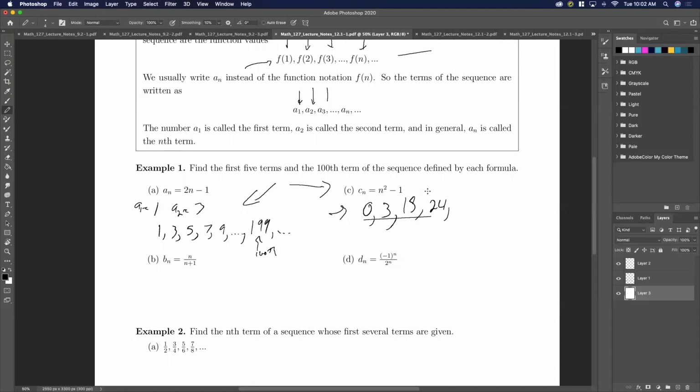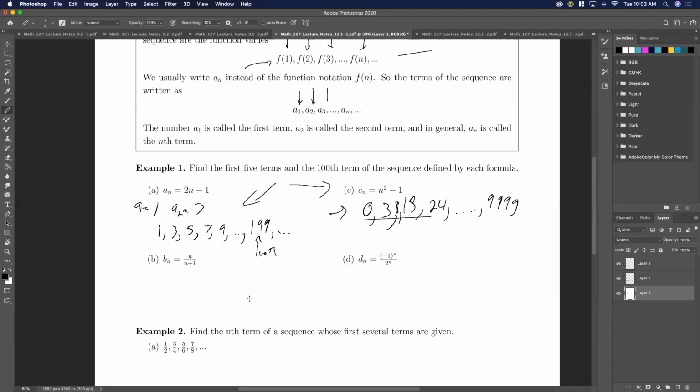I forgot 8. 9 squared minus 1, 8, 24. And then here, 100 times 100 would be 10,000. 10,000 minus 1 would be 9,999. Okay? All right. Yeah, I missed it. Sorry, Ruby.